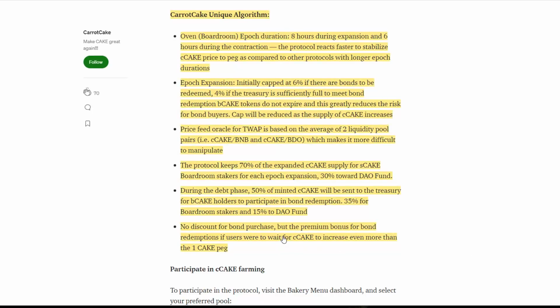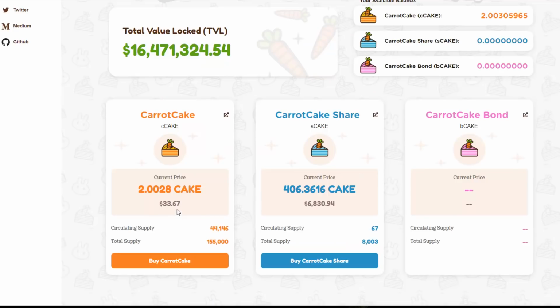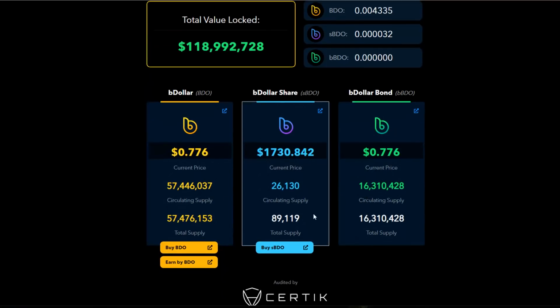So basically what this means is when the price of the cake goes back up, if they wait and sell it later, they won't get penalized. Very similar to what these guys do as well.